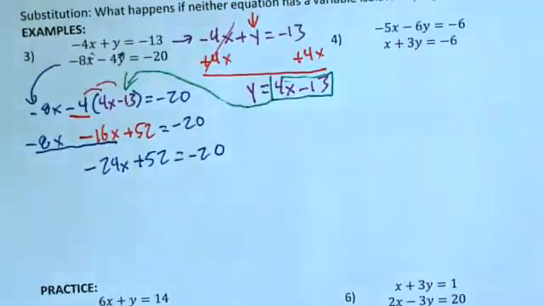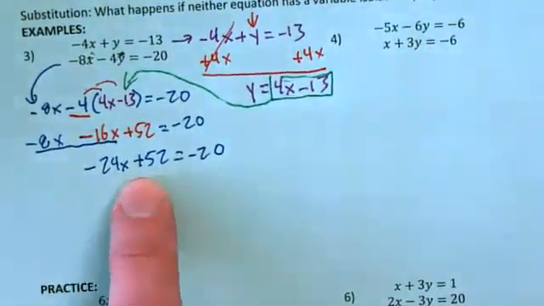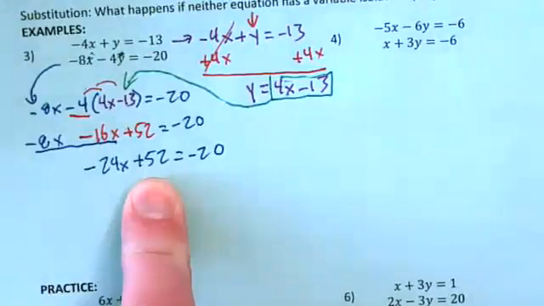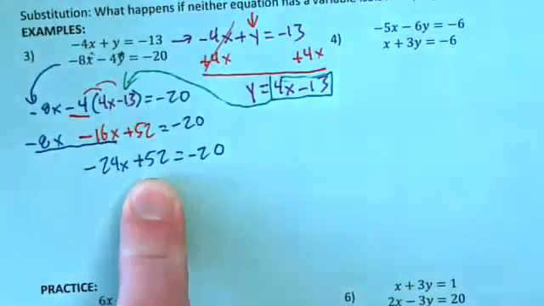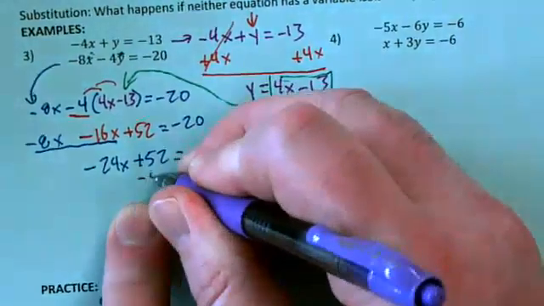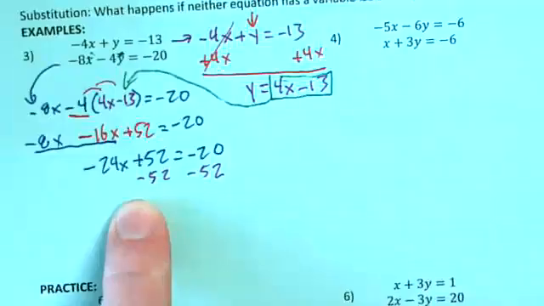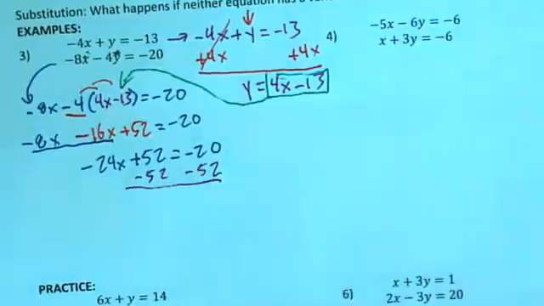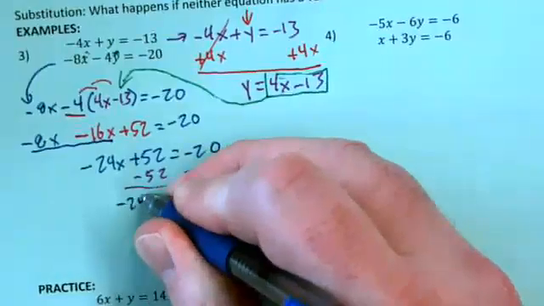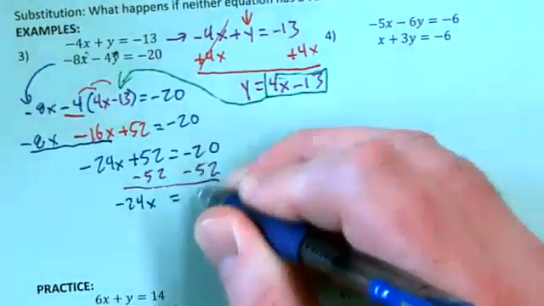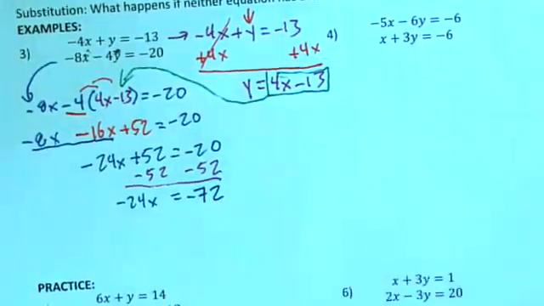We got calculators. Getting this x by itself now. I think the plus 52, we'll deal with that next. Let's go minus 52 both sides. Negative 24x equals, that's negative 72.